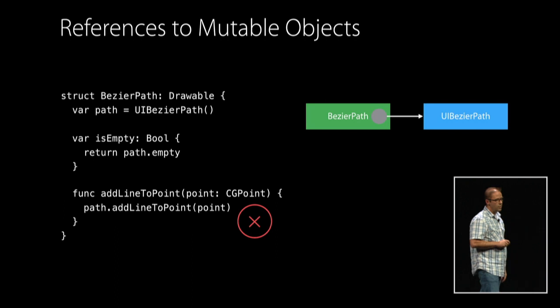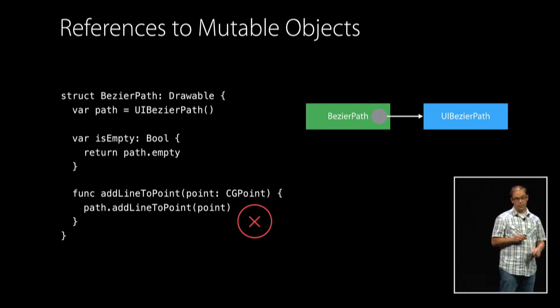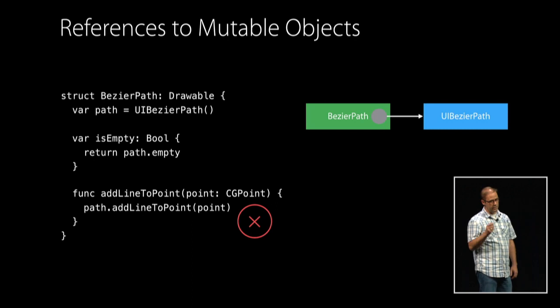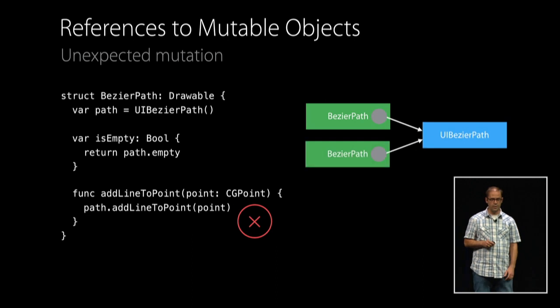But on this one below, we have this addLine2Point method. And if we have two Bezier paths pointing to that, it's going to cause problems. Also notice here, we don't have the mutating keyword there. That's a sign that we know we're mutating because addLine2Point is there, but the compiler's not yelling at us about it. That's because path is a reference type. We'll look at that again in just a moment.